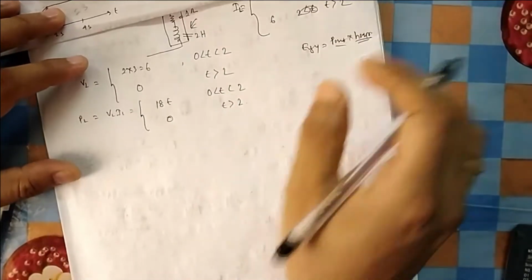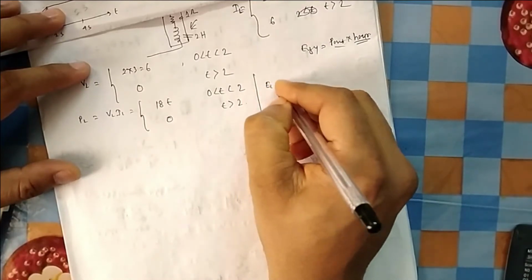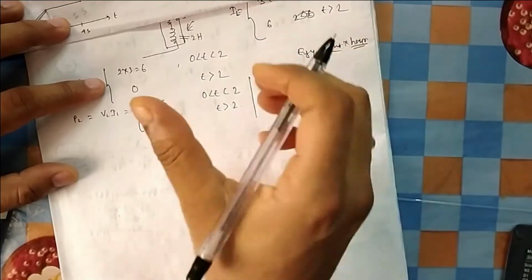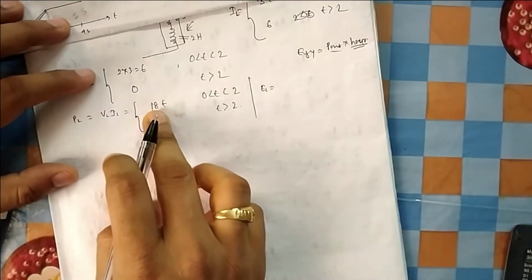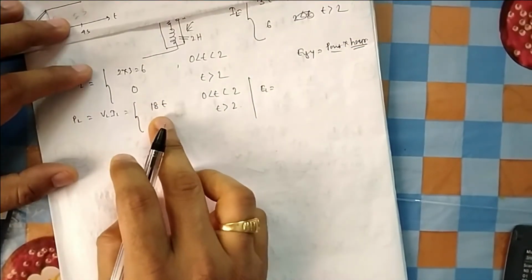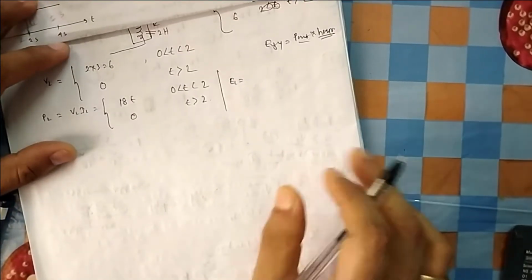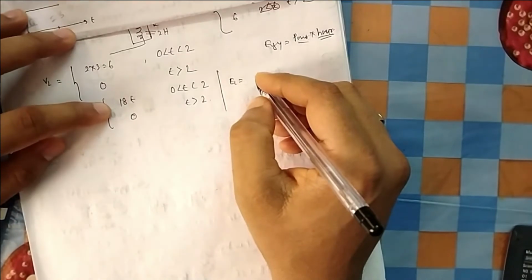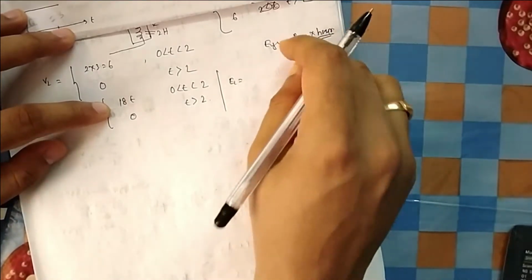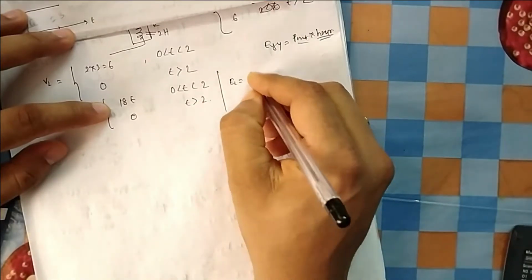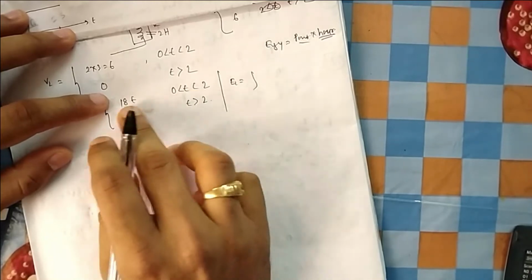So what is the energy stored in the inductor? Energy stored will be equal to power into hour, and then the summation of all this. That means you have to integrate, because it is not direct; it is varying with time.